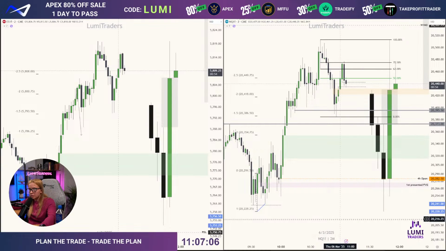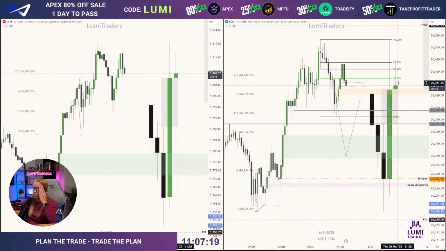So original idea was to see a move from this 2-minute inversion down right here, then possible attempt to reverse. It was my original idea. Kind of wants to follow this.